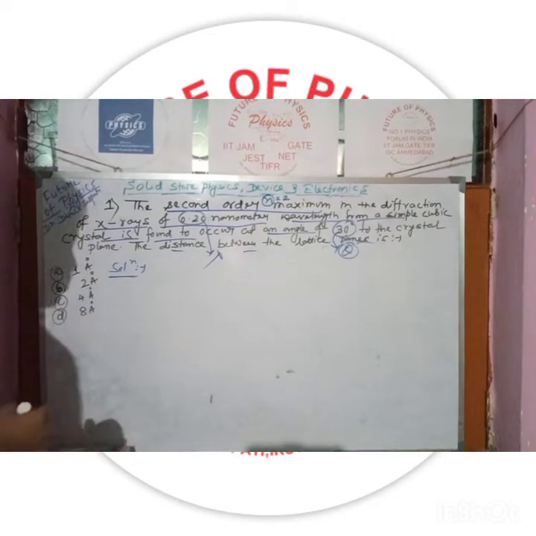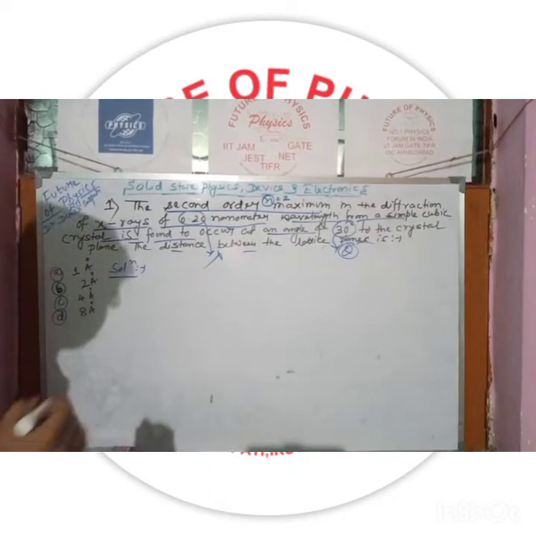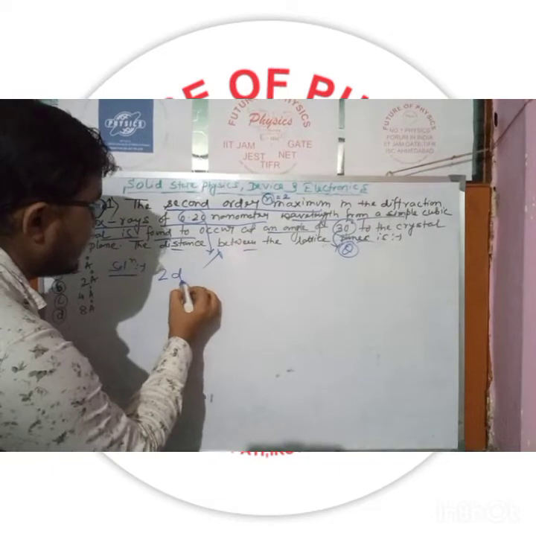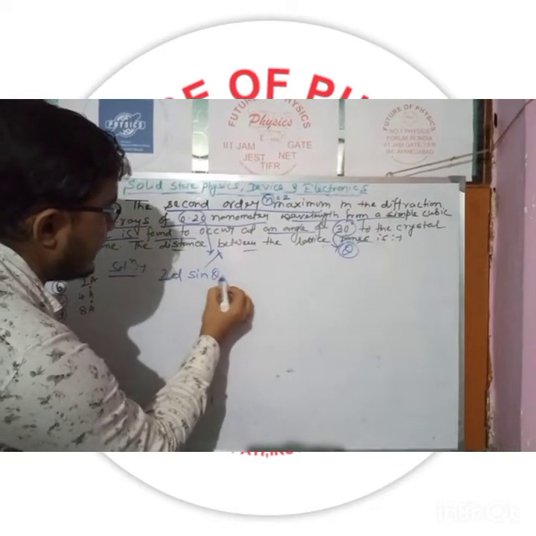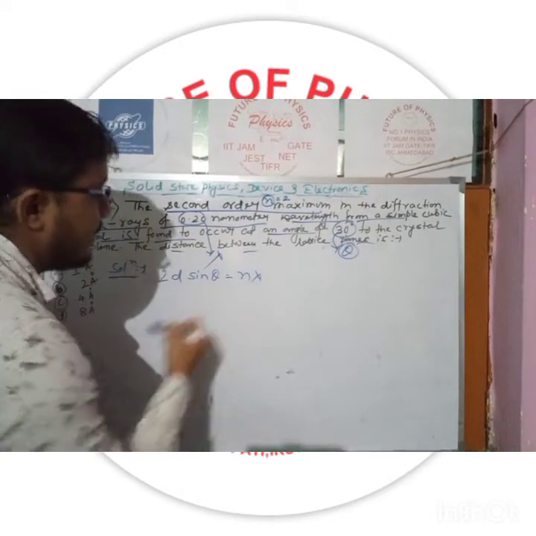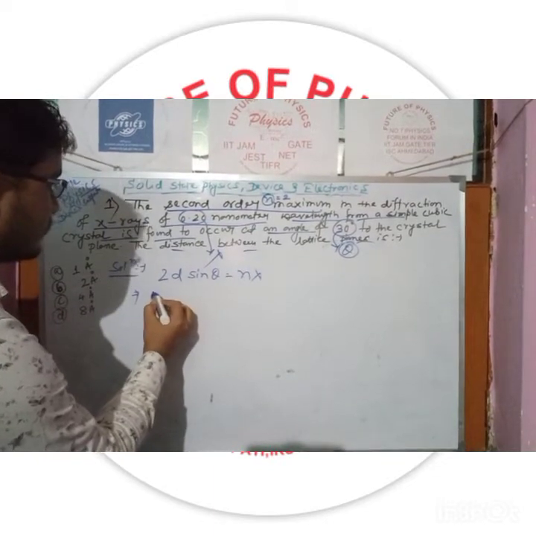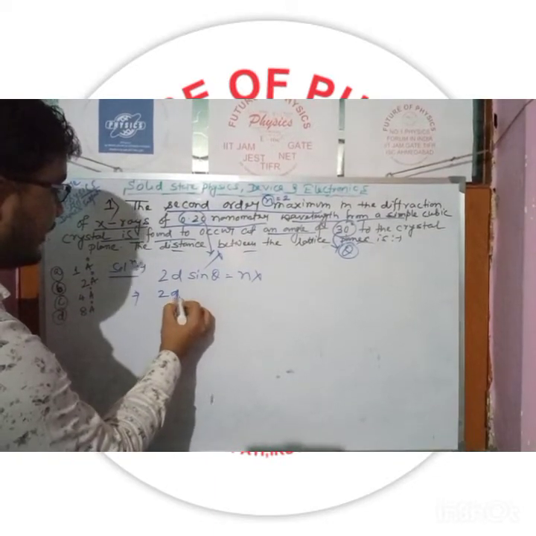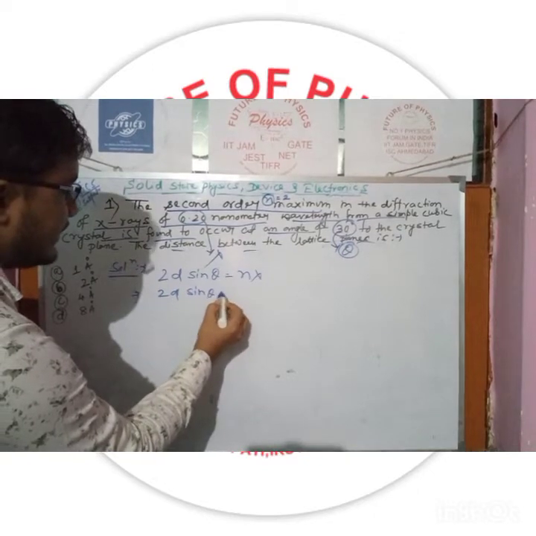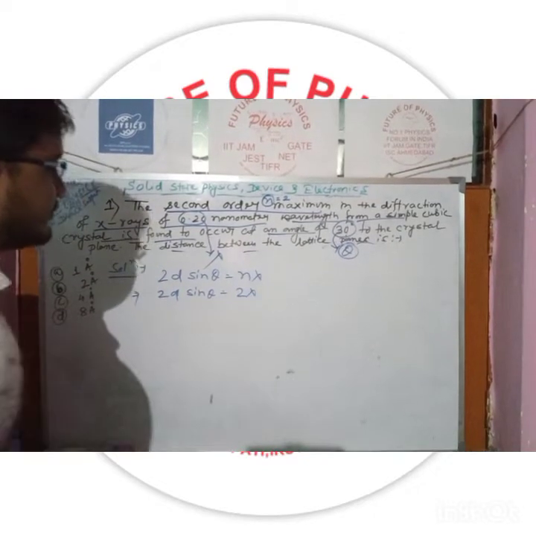Bragg's law: 2d sin theta equals n lambda. Now 2d sin theta equals 2 lambda.